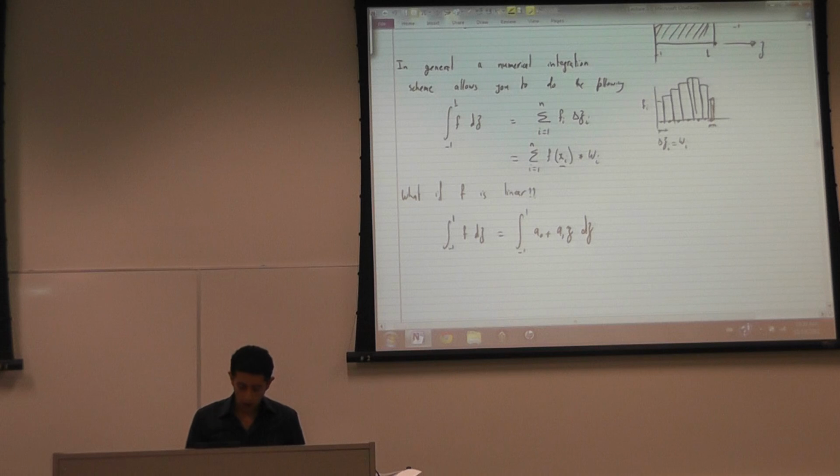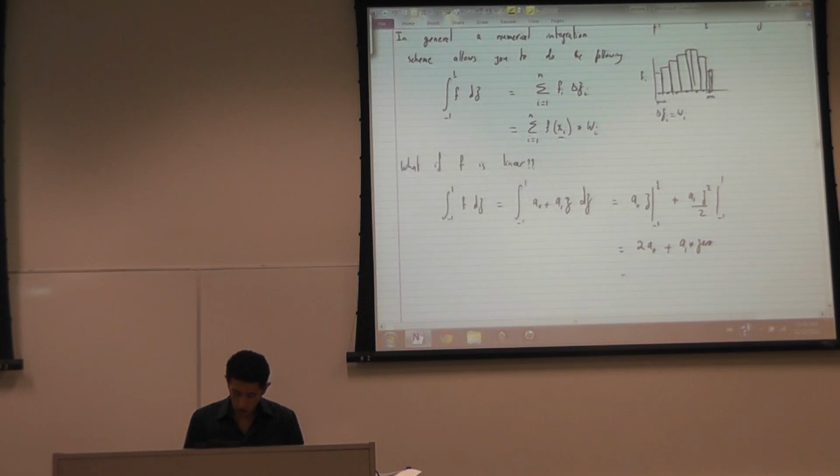I'm going to replace this, so this will be a0 multiplied by x from -1 to 1, plus a1 x squared over 2, from -1 to 1. This will be equal to 2a0 plus a1 multiplied by 0. This is equal to 2a0.